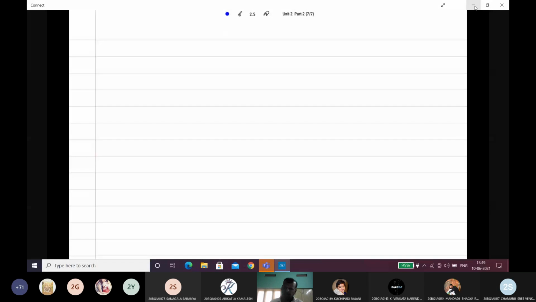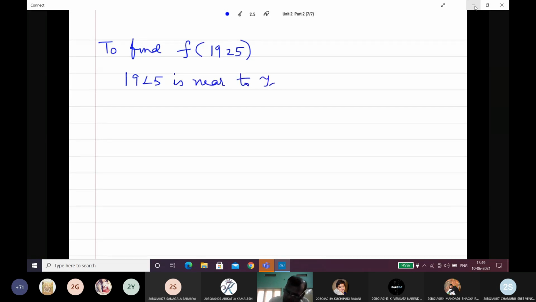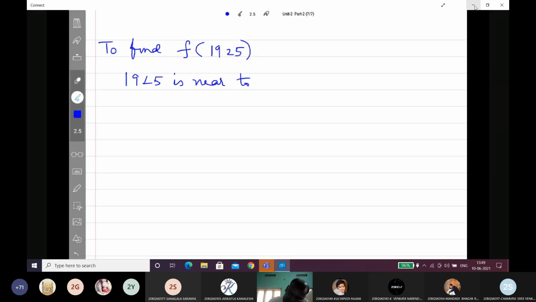Now, to find f of 1925, which is near to the last value. 1925 is near to the yn values. What is that value that we have near to? 1931.